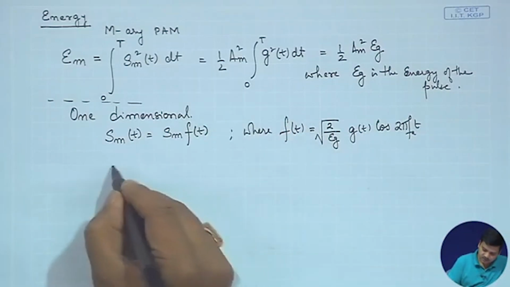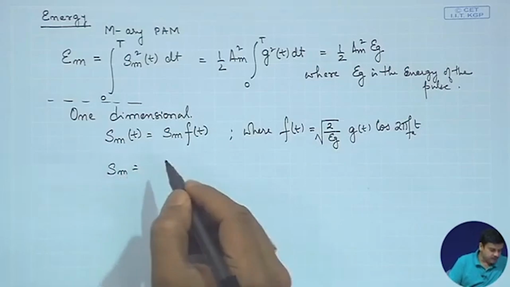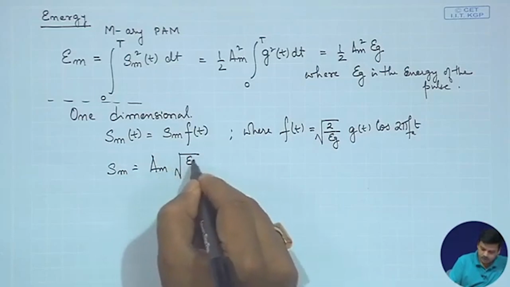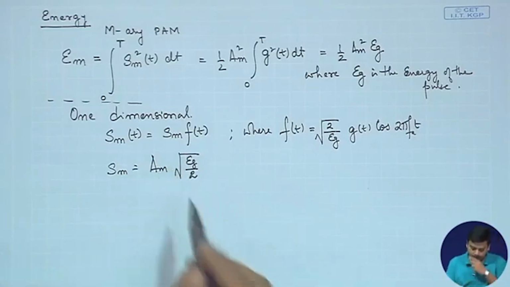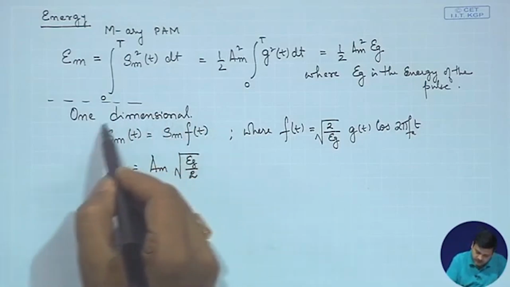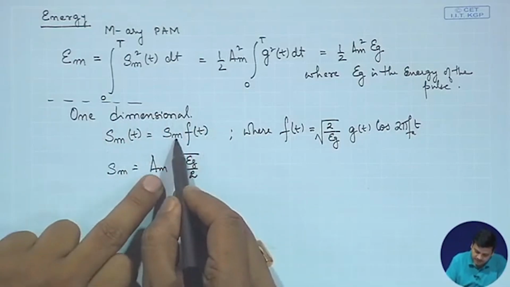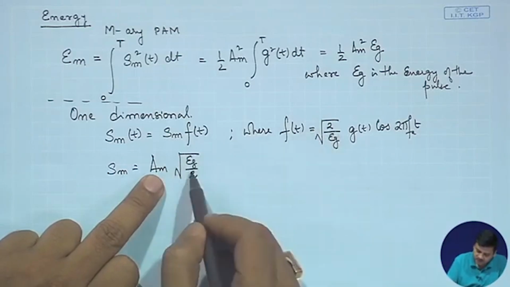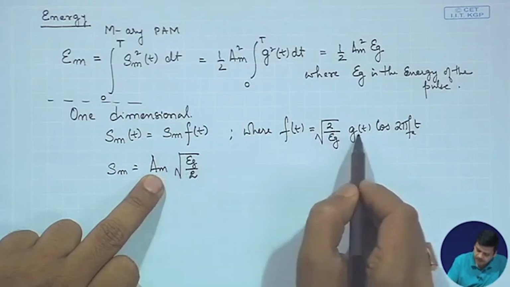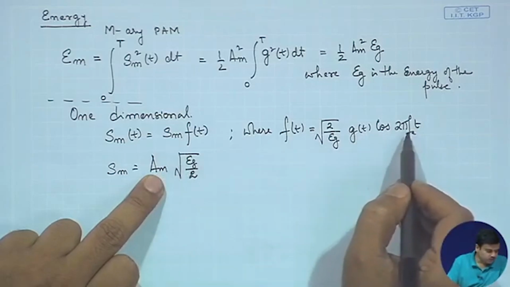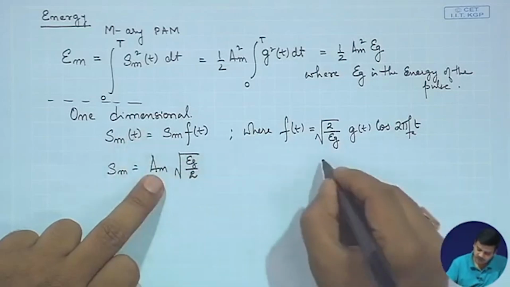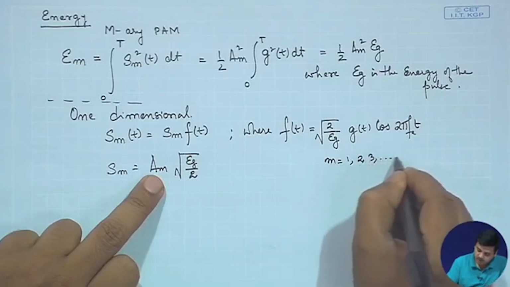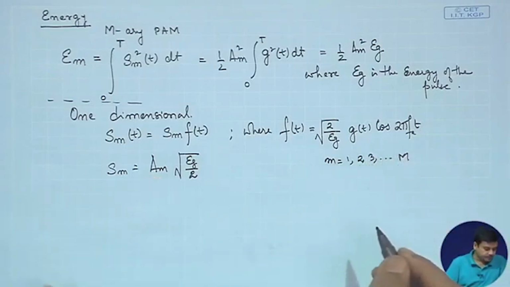And in that case, we could write sm is equal to Am times square root of Eg upon 2. So, if you would look at this signal, we have sm, which is Am root over Eg by 2, and f(t), where these two terms cancel out. You have Am g(t) cos 2 pi fc t, which was the expression of Sm(t) in the earlier discussion. So, this is valid for m equals 1, 2, 3 up to capital M.